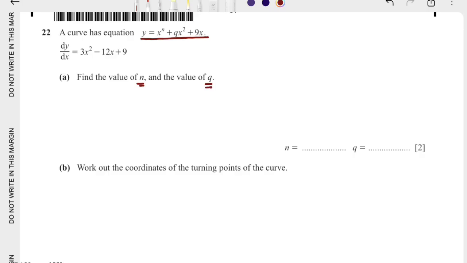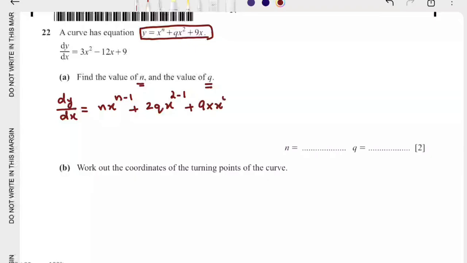So we have to find out the derivative of given equation. So it will be dy upon dx is equal to n x to the n minus 1 plus 2q x to the 2 minus 1 plus 9 times x raised power 0.